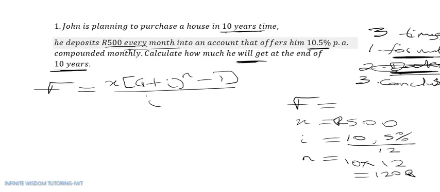Now, the only thing that we are left with is to substitute the information given into our equation. So for example, X, we found it to be 500. And then we have 1 plus I, we found it to be 10.5%, which is over 12. So we have to divide it by 12.